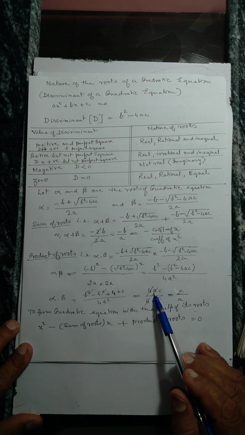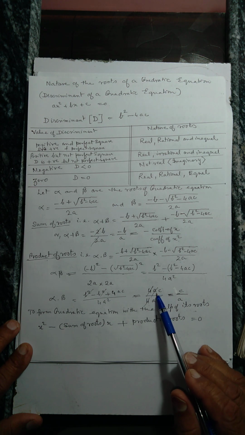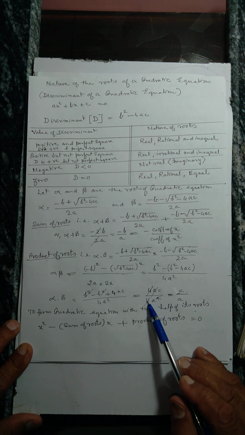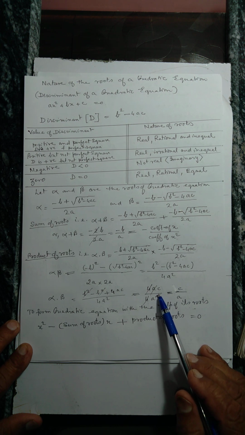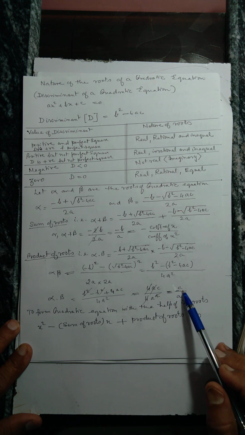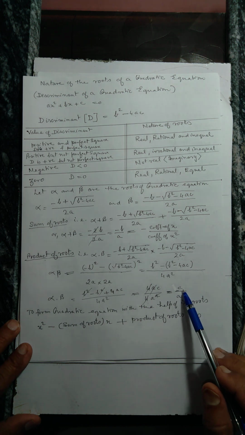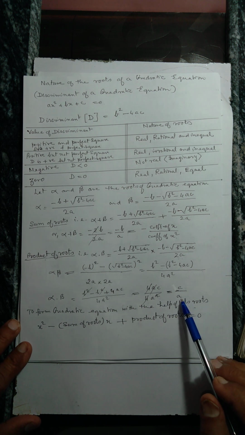You see, b square and b square will be cancelled. So 4ac upon 4a square. 4 and 4 will be cancelled. Here a and the power 2 of a will be cancelled. So we are left with c upon a. C means the constant term upon the coefficient of x square.